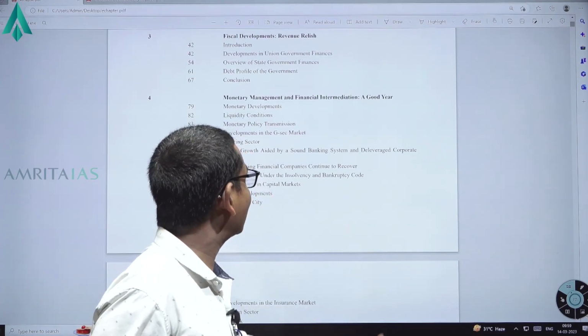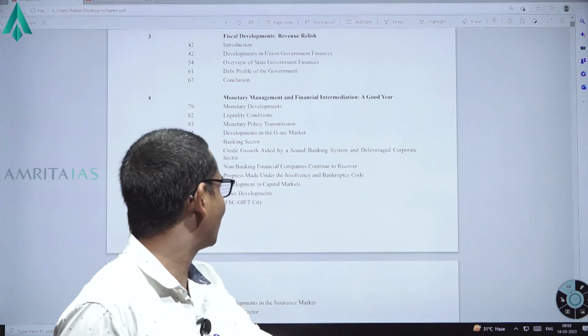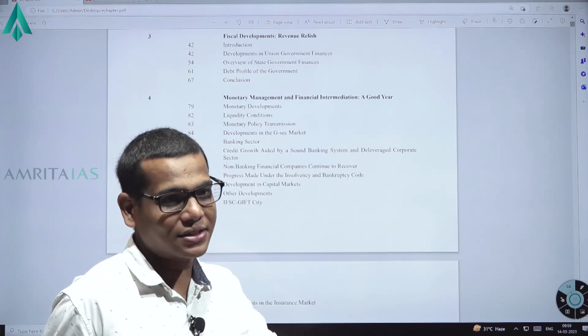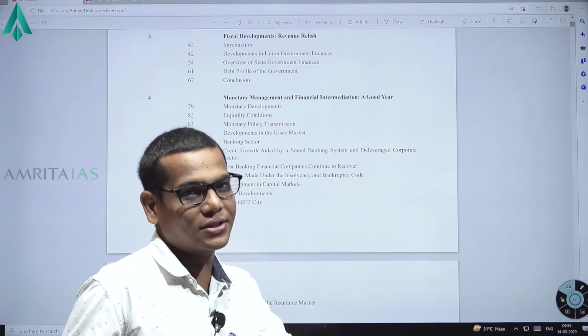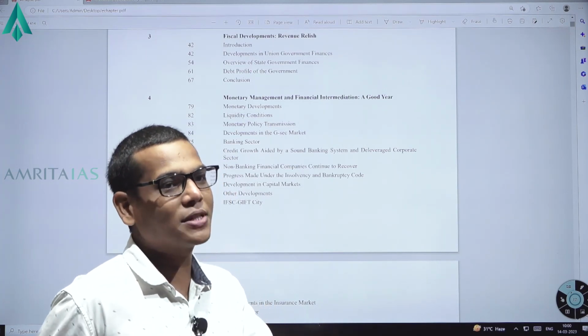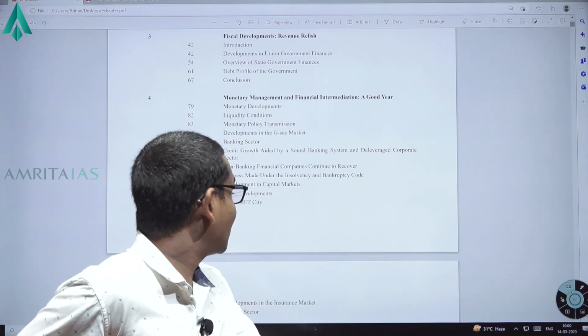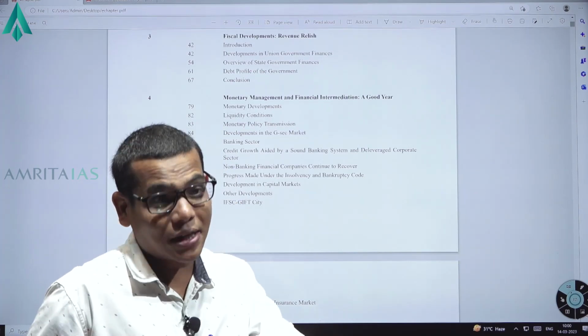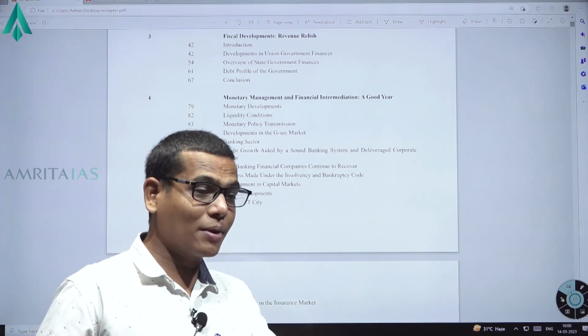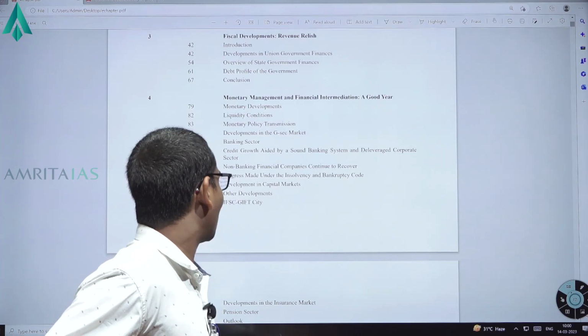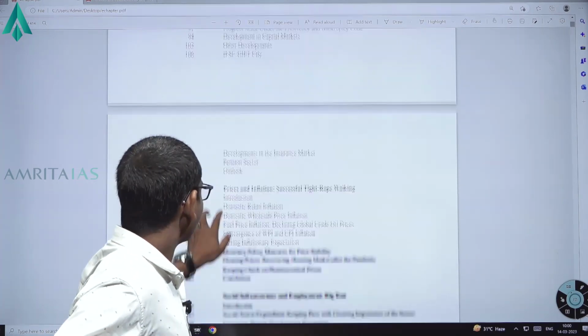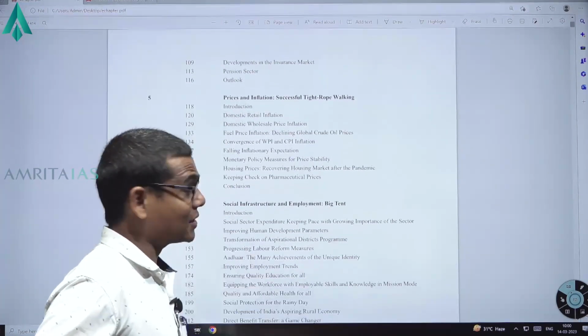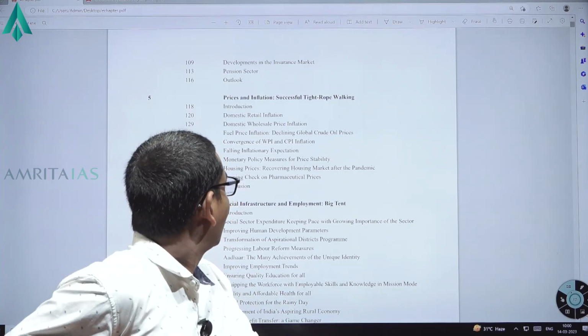It also deals with financial intermediation. So it talks about the banking system, the non-banking system, the performance of the various financial institutions, and the capital market, both primary and secondary market. And it talks about insurance and pensions.